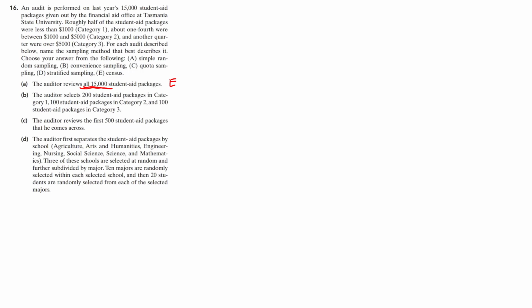The auditor selects 200 student aid packages in Category 1, 100 student aid packages in Category 2, and 100 student aid packages in Category 3. So that's quota sampling, right? Let's see quota sampling.